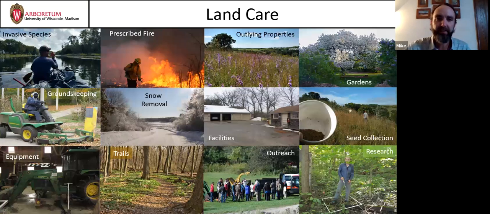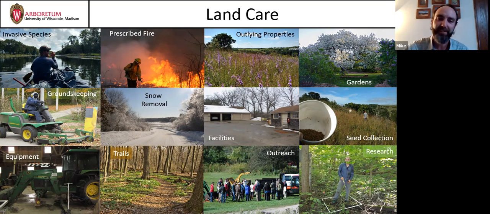And then this is just some examples of what the land care unit does throughout the year. I wish we could focus on just restoration and conservation tasks, but we have to do a lot more than that out here and at our outlying properties.